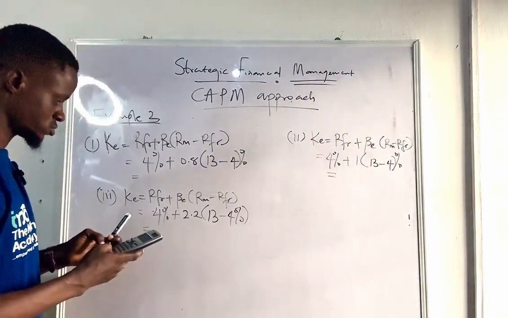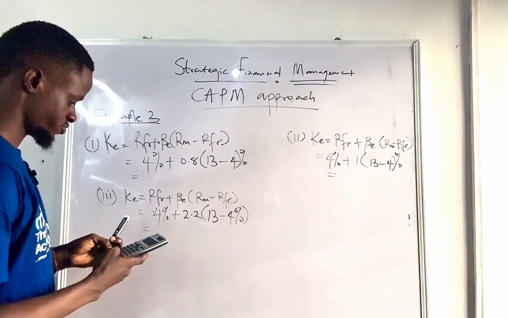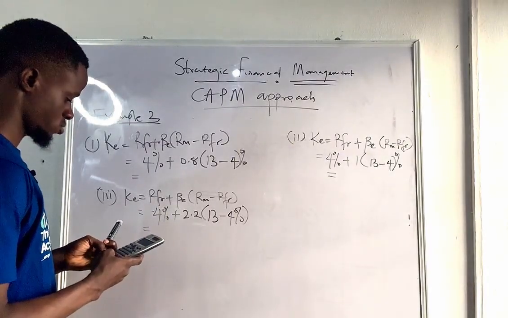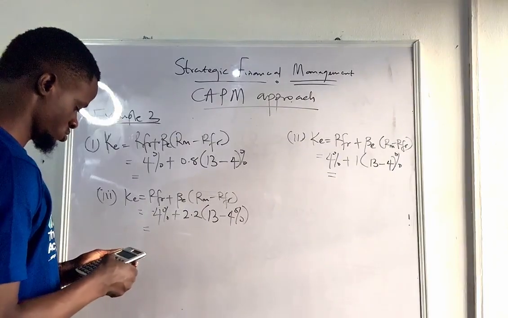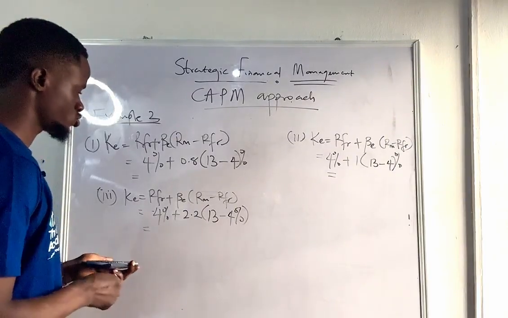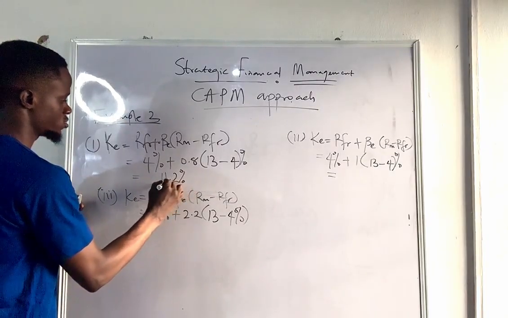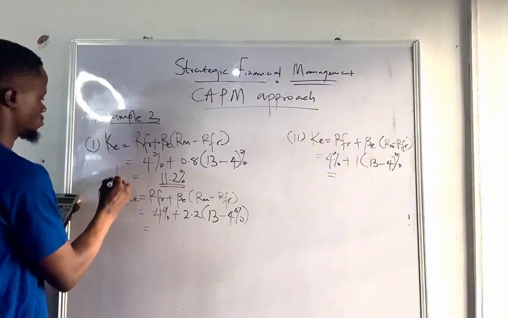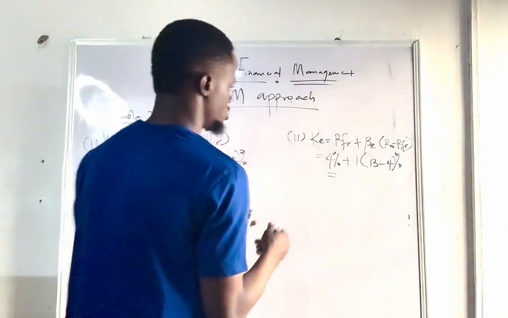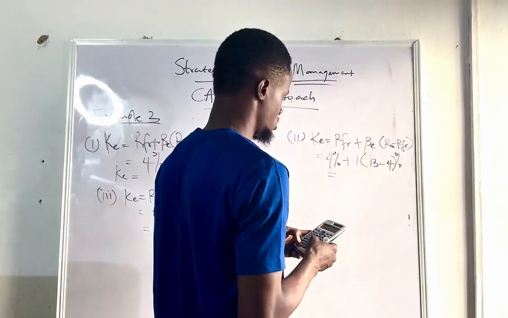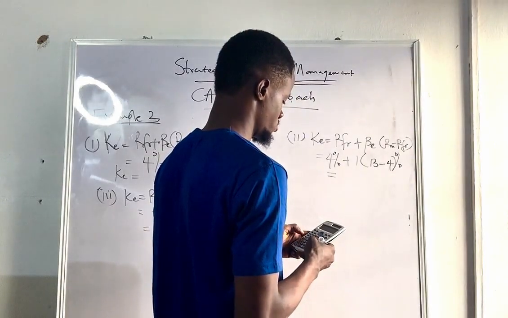0.8, no, 13 minus 4 times 0.8 plus 4. This is 11.2%. 11.2%. This will be 13 minus 4 plus 4.